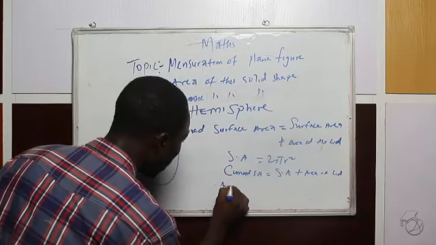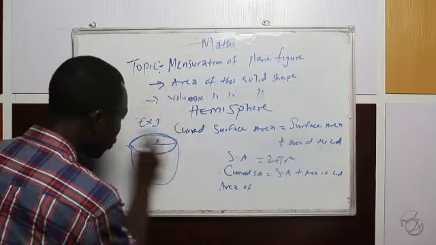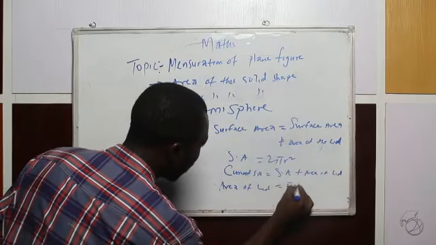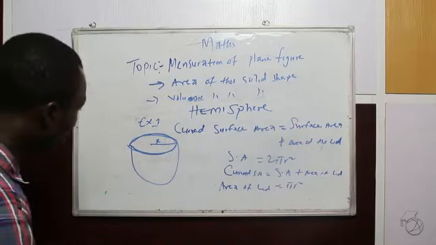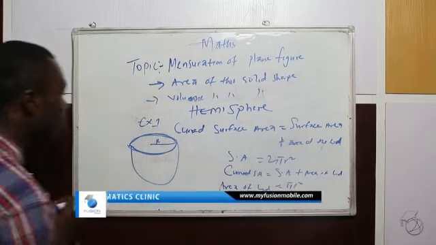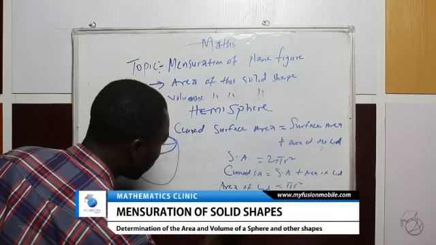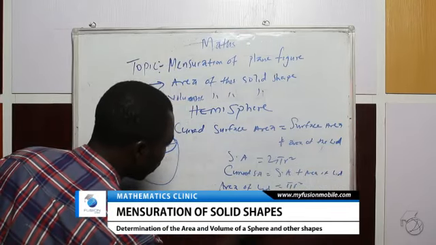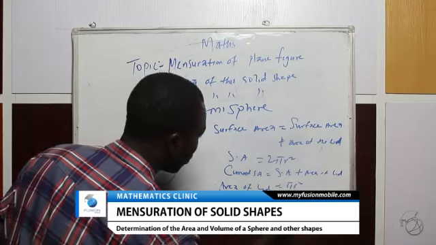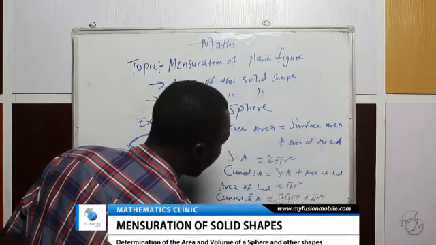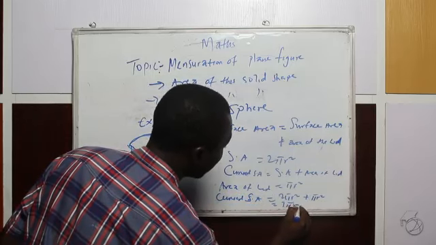Area of the lid is the area of this circle, which is equal to pi r squared. So if this is equal to pi r squared, then the curved surface area is equal to 2 pi r squared plus pi r squared, which will give us 3 pi r squared.